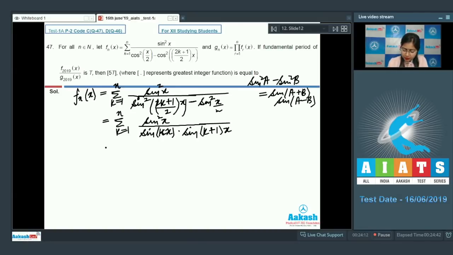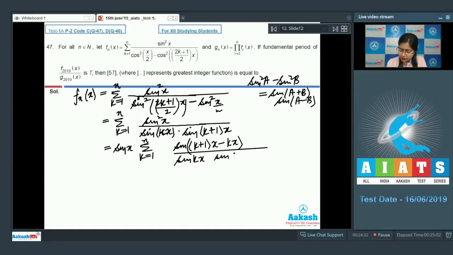Right? Now, taking one sin x outside, we can write it as sin x multiplied with summation going from k equal to 1 to n. Sin x can be written as sin of ((k plus 1) into x minus kx). Right? And in the denominator, we have sin kx into sin of ((k plus 1) into x).